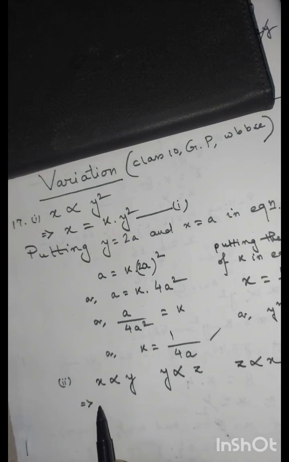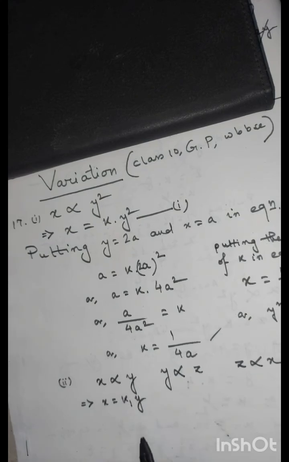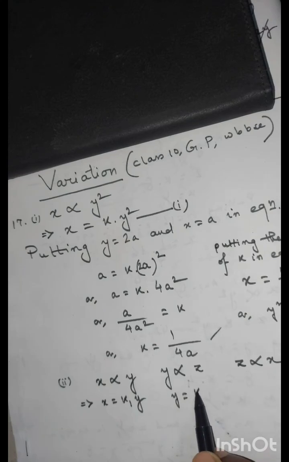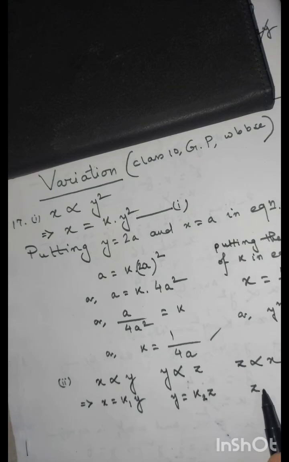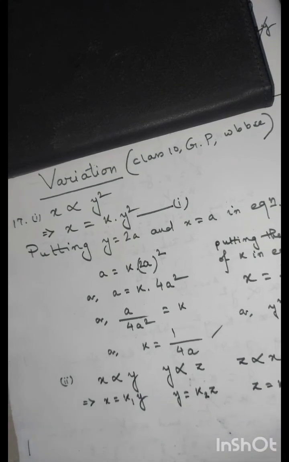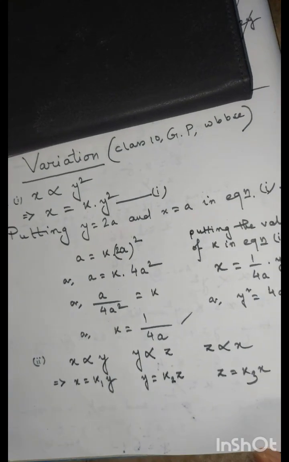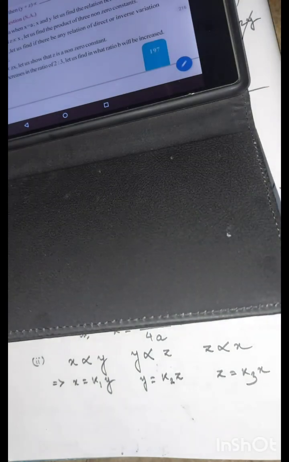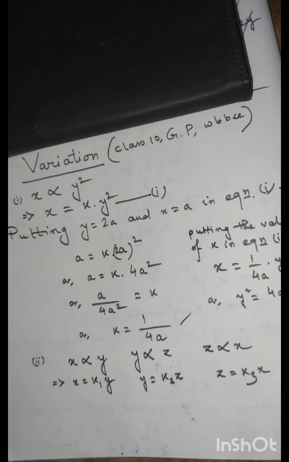We can write it like this: x equal to k1 into y, y equal to k2 into z, z equal to k3 into x. Now we have to find out the product of these three non-zero constants.